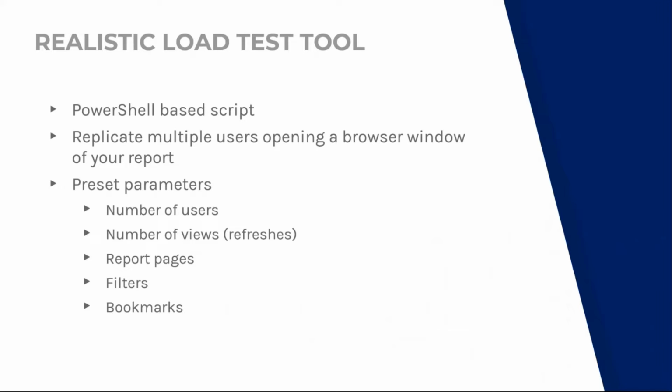It's a PowerShell based script. You don't need to know PowerShell, but you do need to be able to run it in an elevated window, i.e. as admin. What it's going to do is spit out multiple browser windows, replicating multiple users hitting your Power BI report at the exact same time. Technically we could do that without this.